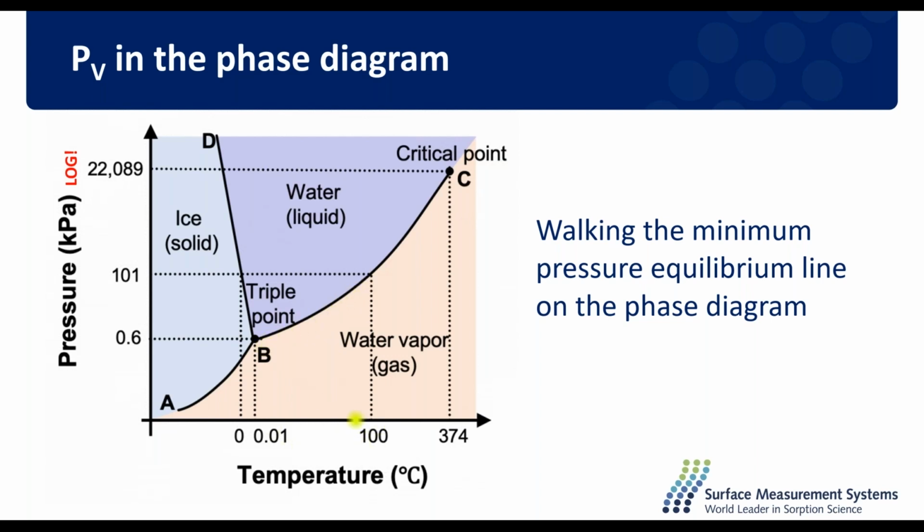So we see that at 100 Celsius, the vapor pressure of water is 101 kilopascal, which is atmospheric pressure, which means that water boils at 101 kilopascals.